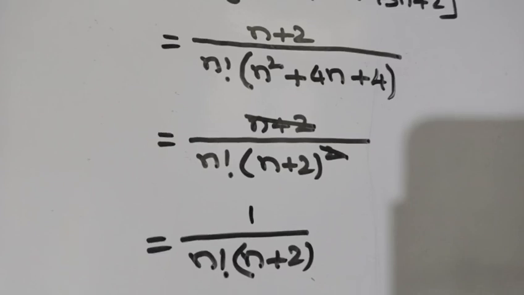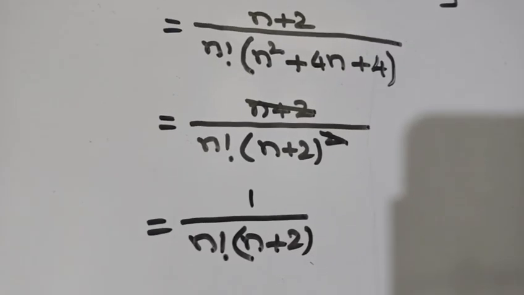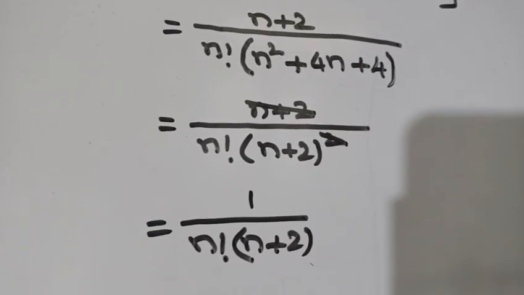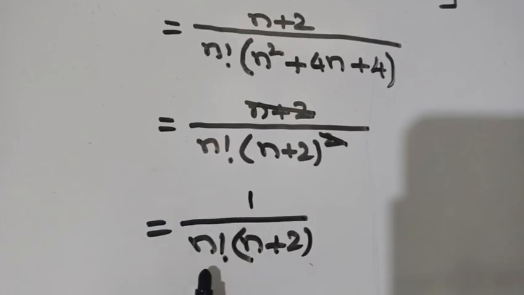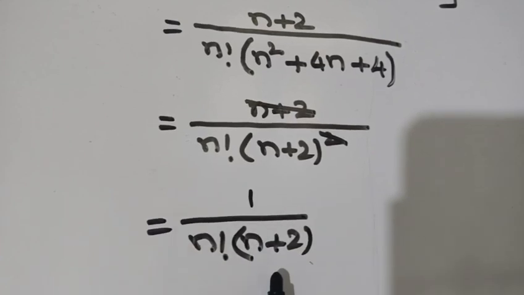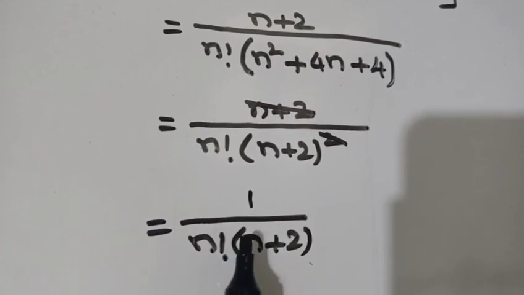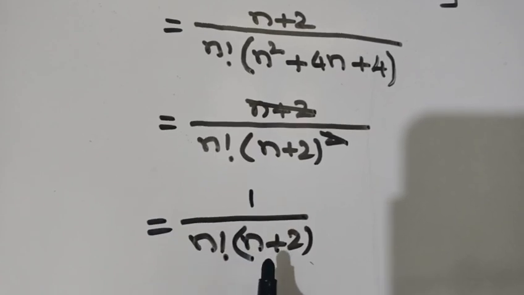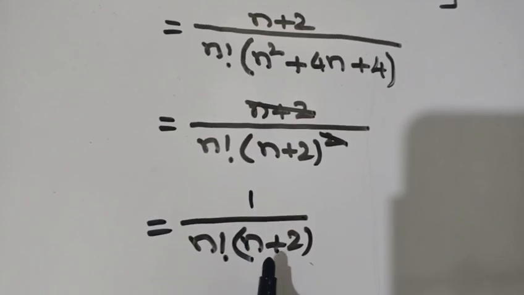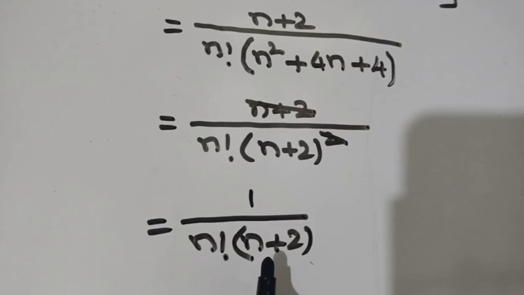So the aim of writing this nth term in simplified form is, if I can get some terms of the type a by n factorial and b by n plus 1 factorial with a minus sign, then by adding these terms one after the other, giving n values from 1 to 2025, some terms, alternately positive and negative, may get cancelled.